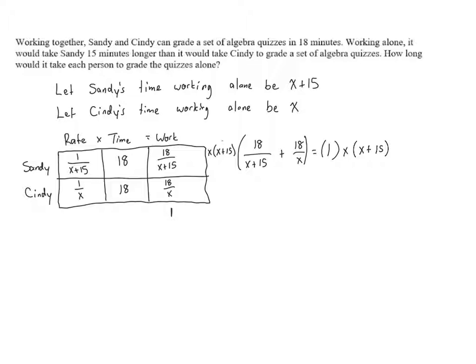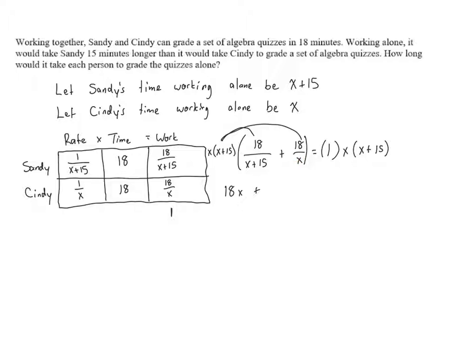Now on the left-hand side, we're going to have to distribute. In the first term, we notice that there's going to be an X plus 15 that cancels, because we've got one in the top and one in the bottom. That leaves us with X times 18, or 18X. In the second term, we're going to have an X that cancels, because we've got one in the bottom and one in the top.